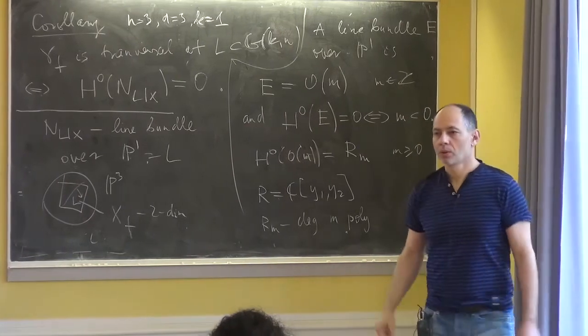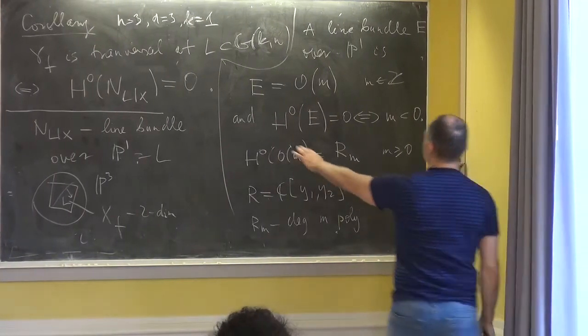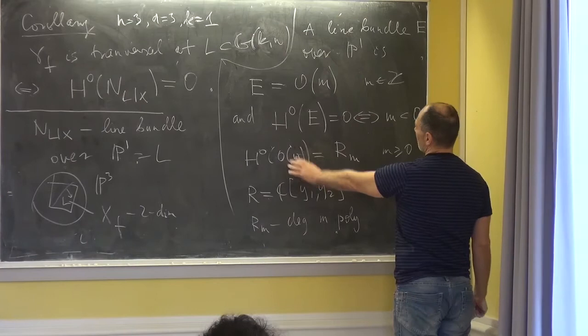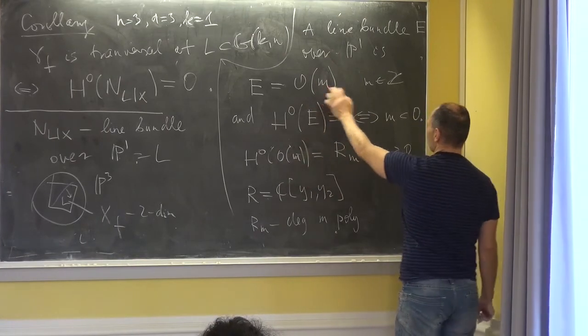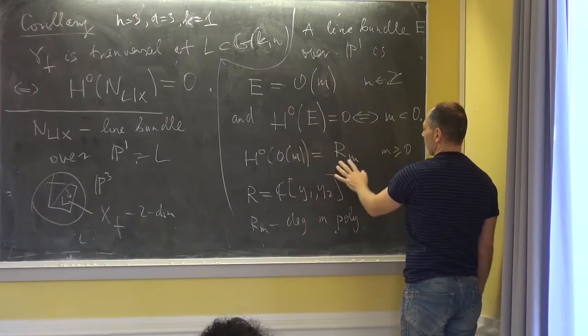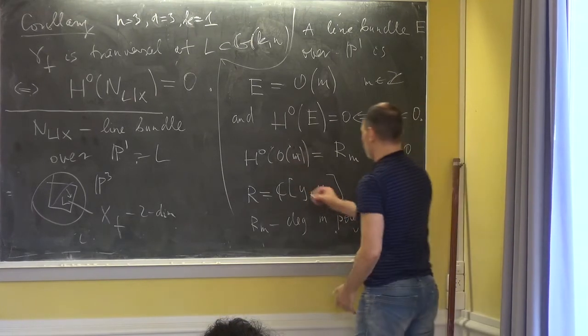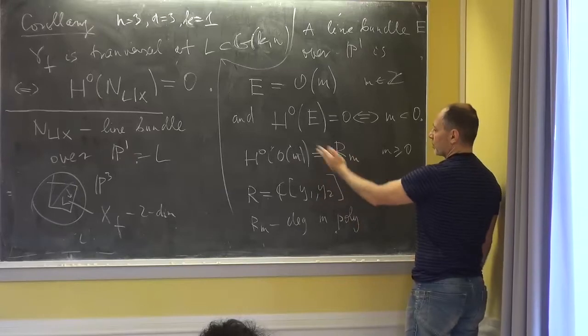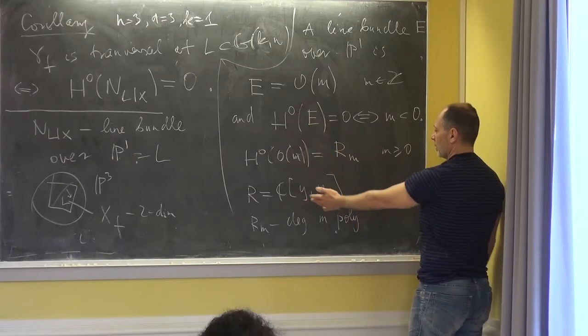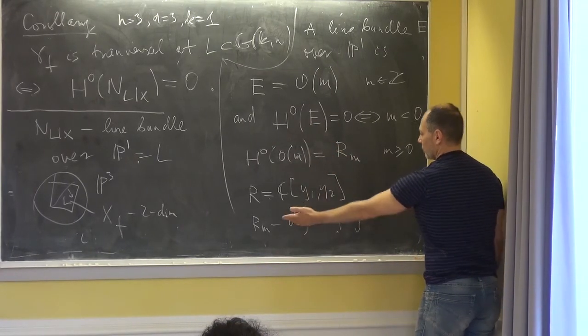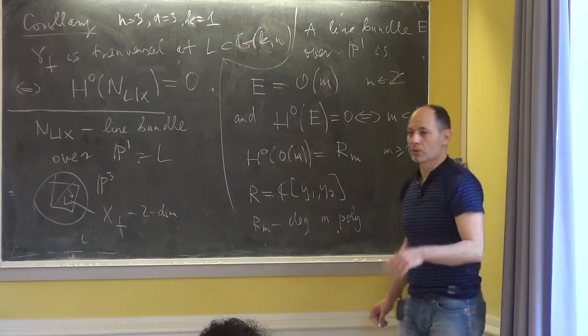So here, in the case M is positive, I can completely describe what the sections are. I look at this two-dimensional vector space, its projectivization, which is P1, with coordinates y1 and y2, and the sections are these. I mean, this you know very well.